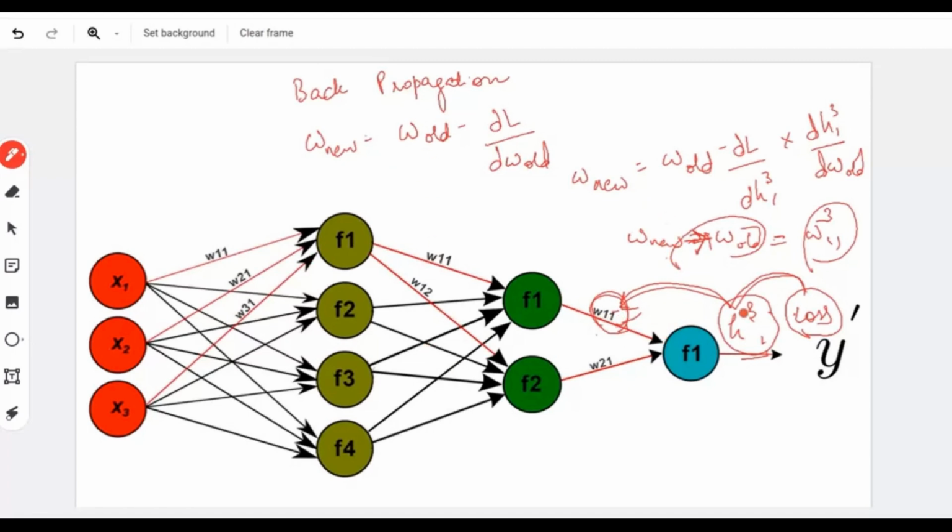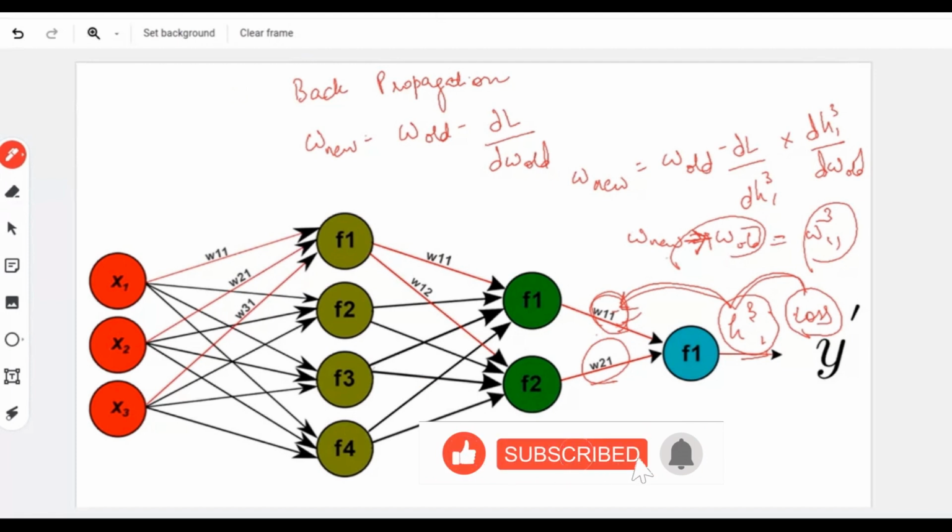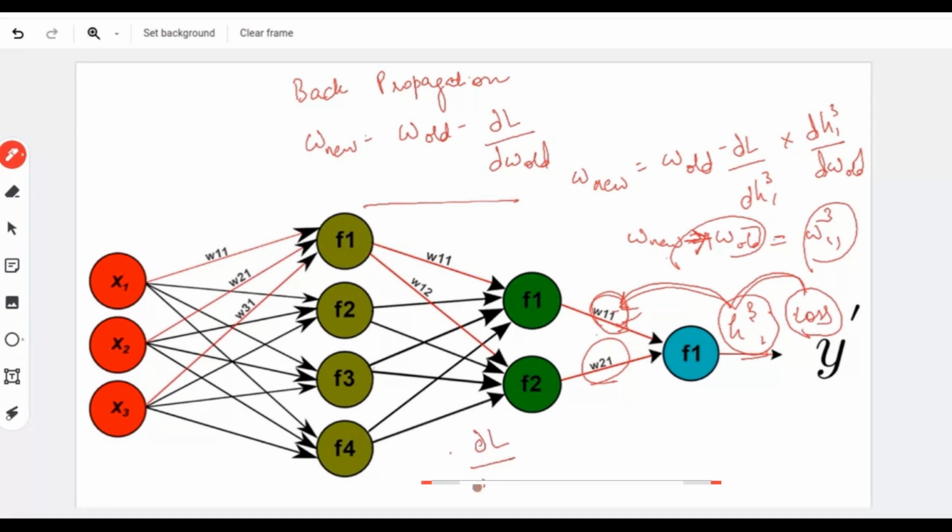So now let us understand for this W21 weight here. The formula is the same. Differentiation of loss with respect to, for this path again you have this here and then you have to go back here.